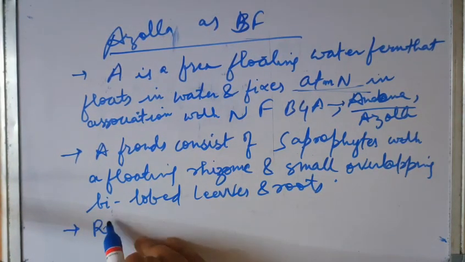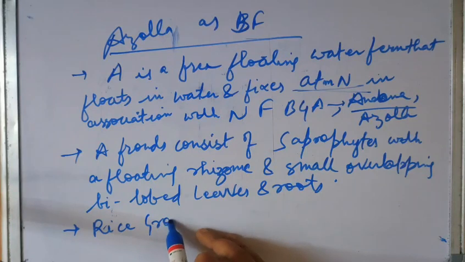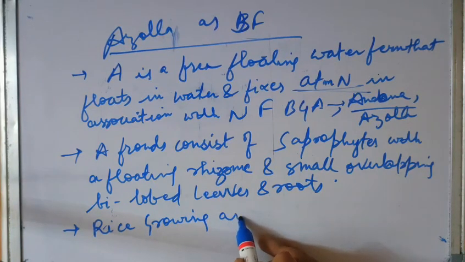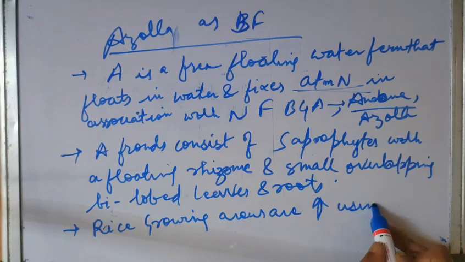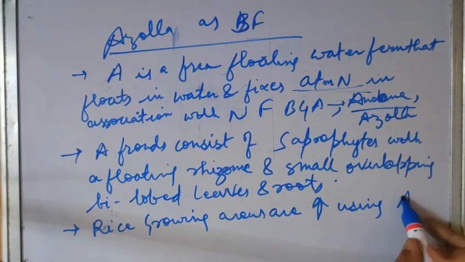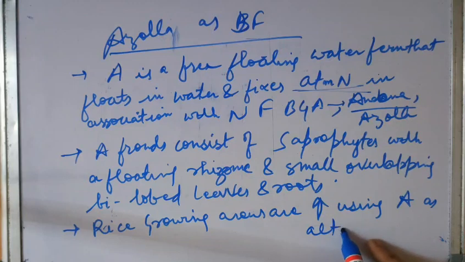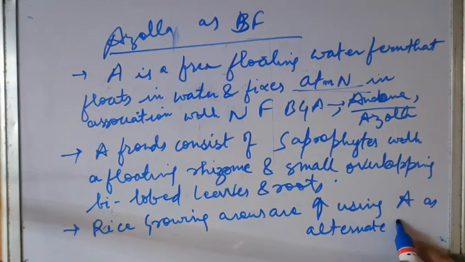Rice growing areas are increasingly using azolla as an alternate nitrogen source, as it fixes nitrogen.